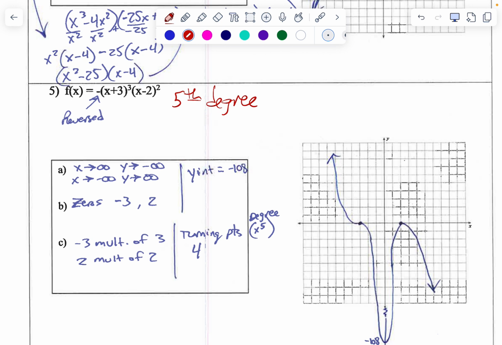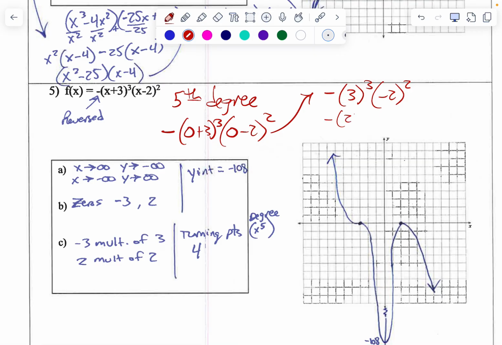Yeah, so this becomes negative, and then 0 plus 3 cubed times 0 minus 2 squared. Well, of course, the zeros don't really need to be there, so this is just 3 cubed and -2 squared. With the negative out front, don't lose that. So this becomes -27 times 4, and then there's your -108.